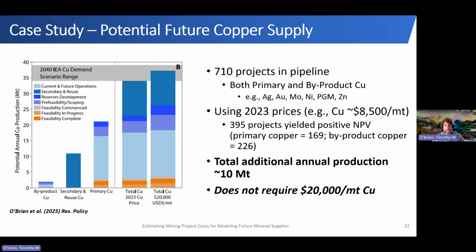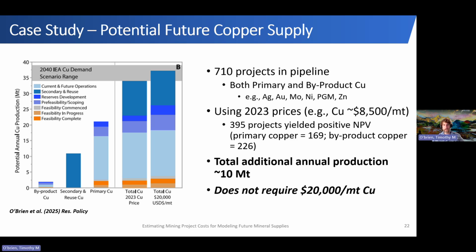I bracketed between these development stages because those are the types of projects that would not have announced, but may also be able to come online by 2040, given the long timelines it takes to advance a project towards production. I included both primary projects that will produce primary copper, as well as projects that will include copper as a byproduct, such as a gold mine or nickel mine that's going to co-produce copper.